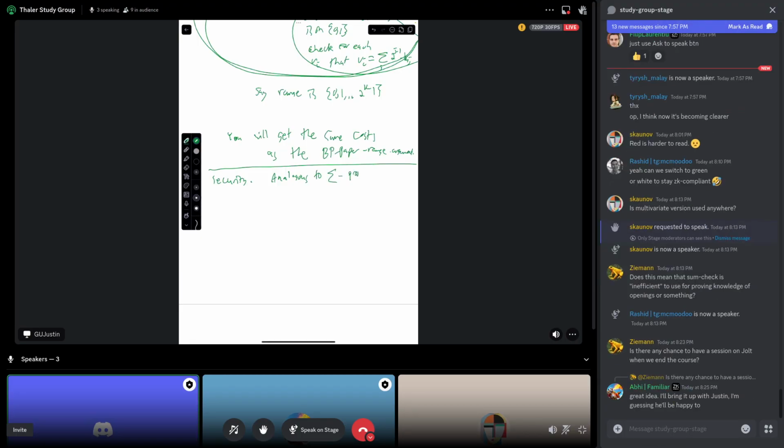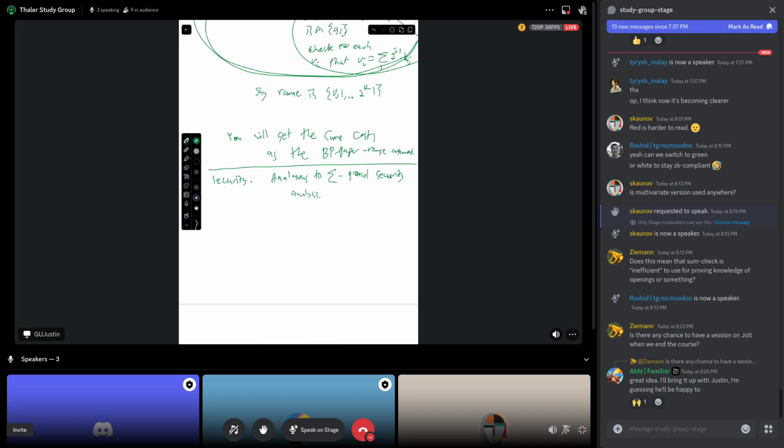So let me quickly remind you how that analysis went, because I think the right way to view the Bulletproofs security analysis is as a more complicated generalized version of this very simple analysis.